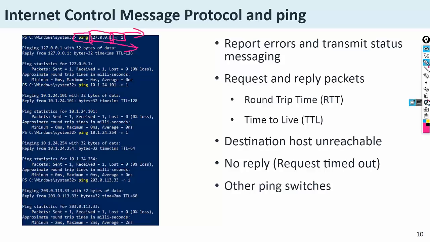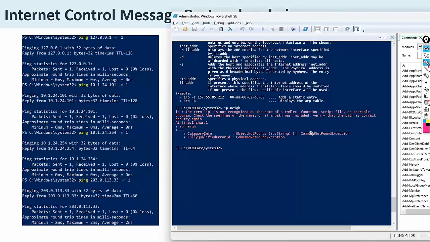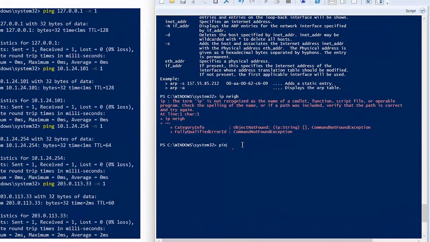So how can you do all these things in a command prompt or in a shell? Whatever you like, you can use any one of them. So I need to ping and put 127.0.0.1. This is the IP address of your loopback adapter.